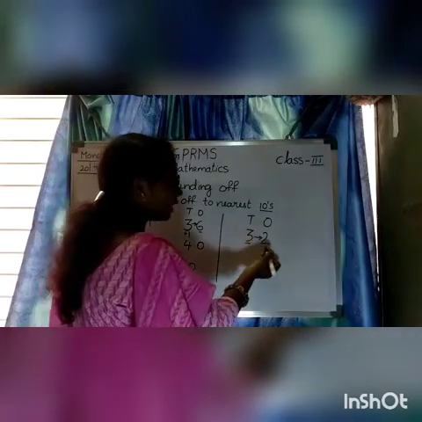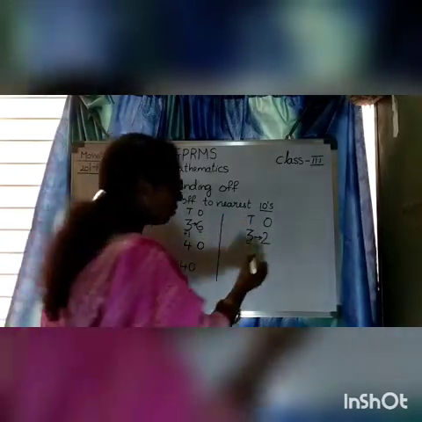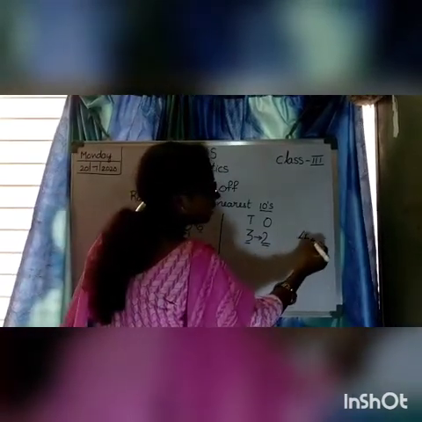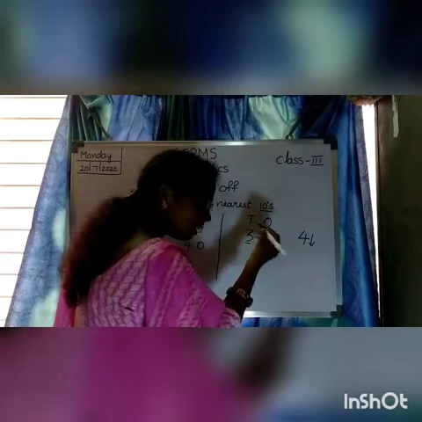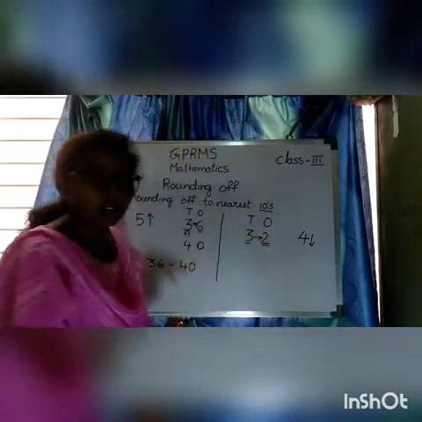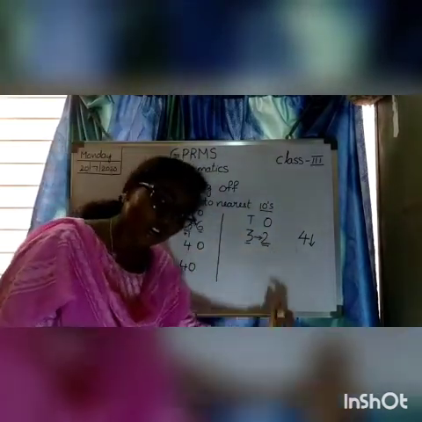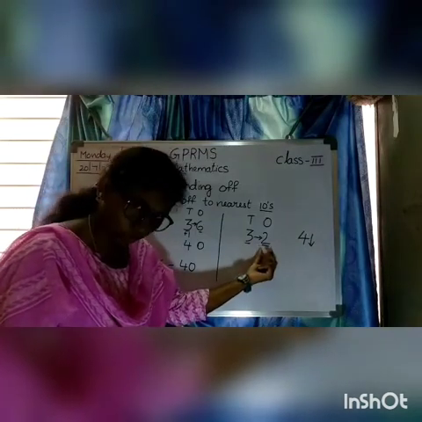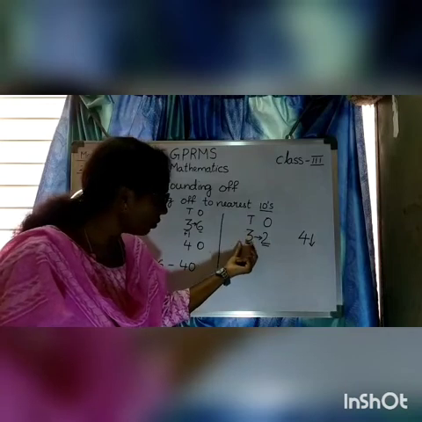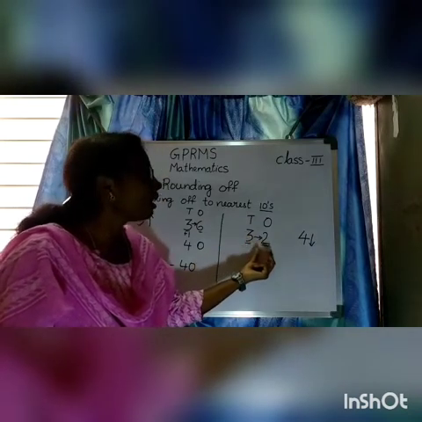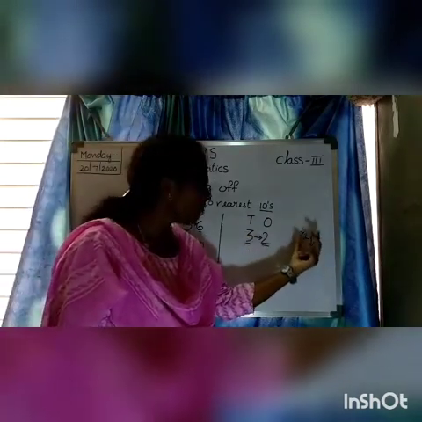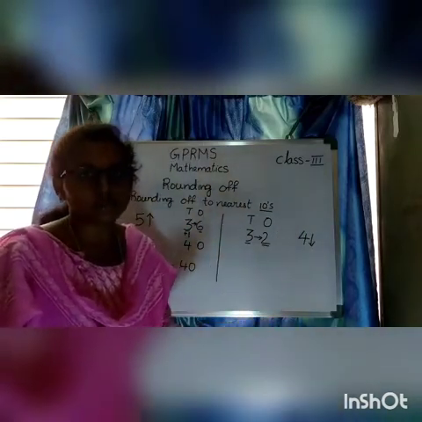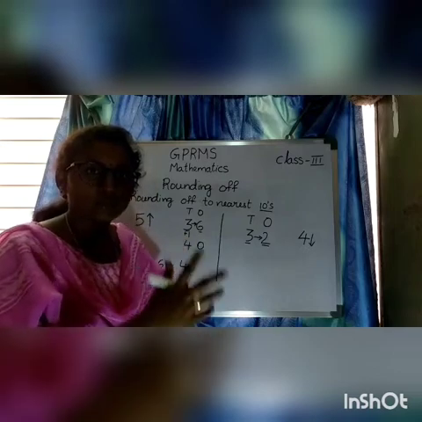If the digit right to the number which we are going to round off is 4 or less, that means 4, 3, 2, 1, 0. Understood, children? 0, 1, 2, 3, 4.